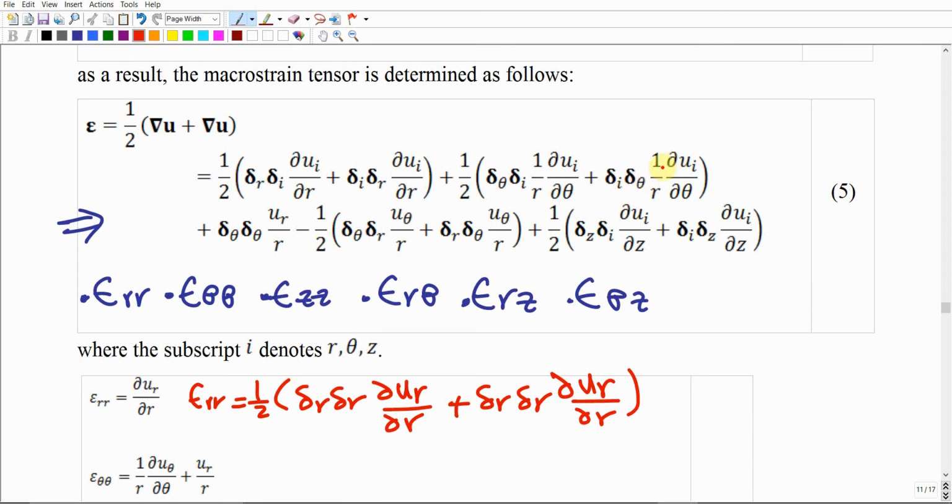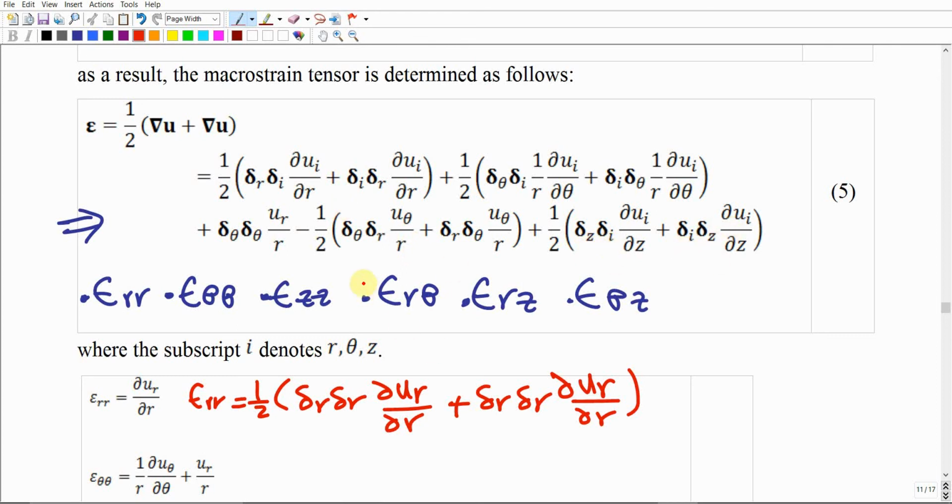So this term will be excluded. It means that this term will be 0 with respect to the epsilon RR. The same thing for the other. Here we have theta theta, there are no R's. R theta, theta R, or R theta both won't work for us because we need RR. ZR or RZ won't work.